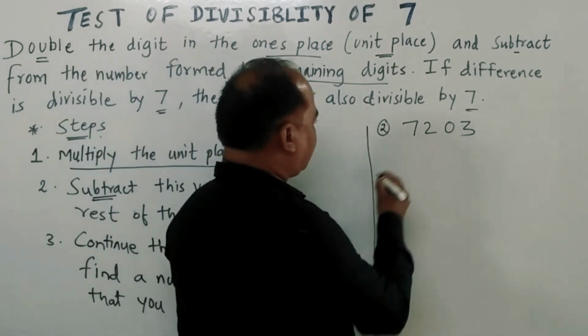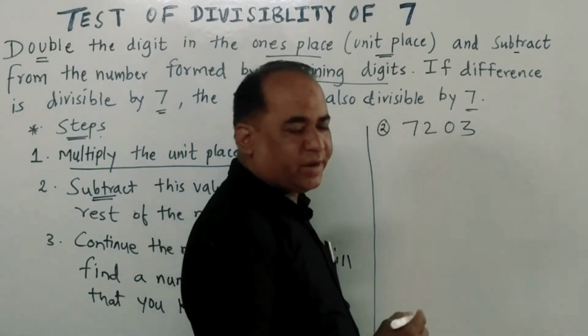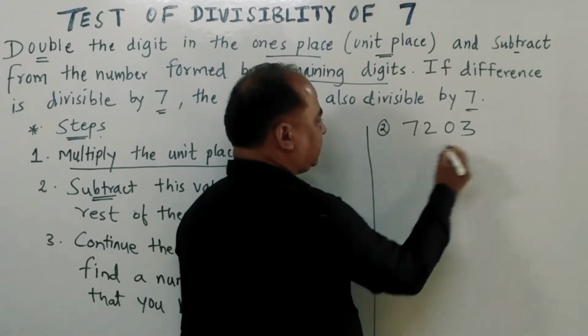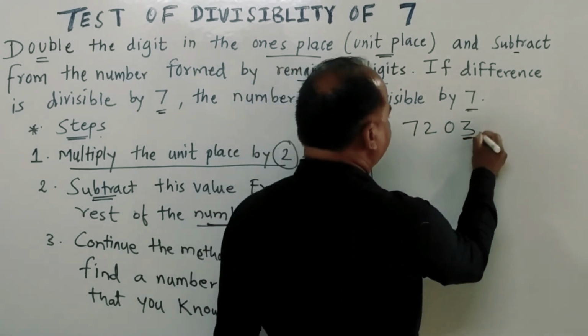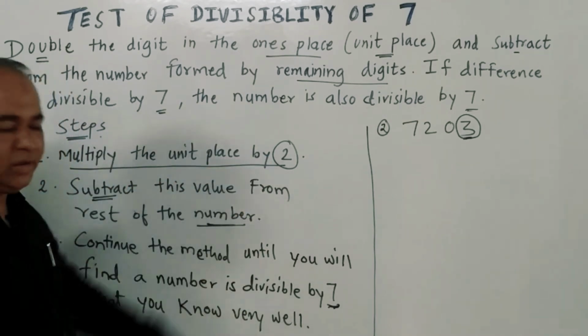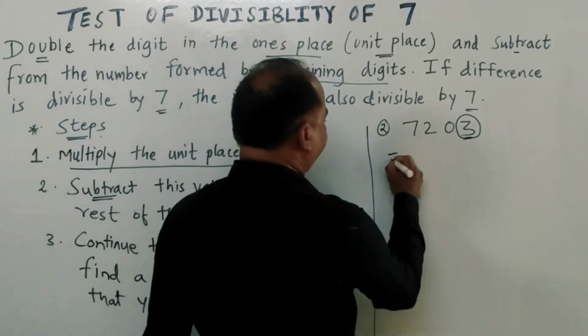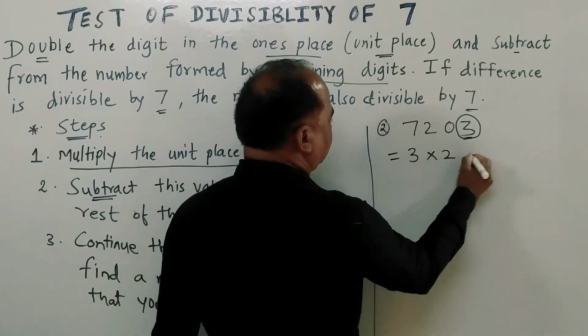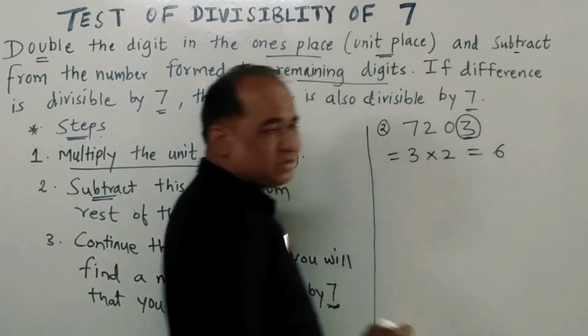Second example, the number is 7203. The last digit, that is the unit place of the number, is 3. The first step is to multiply the unit place by 2. So multiply 3 by 2, which is equal to 6.